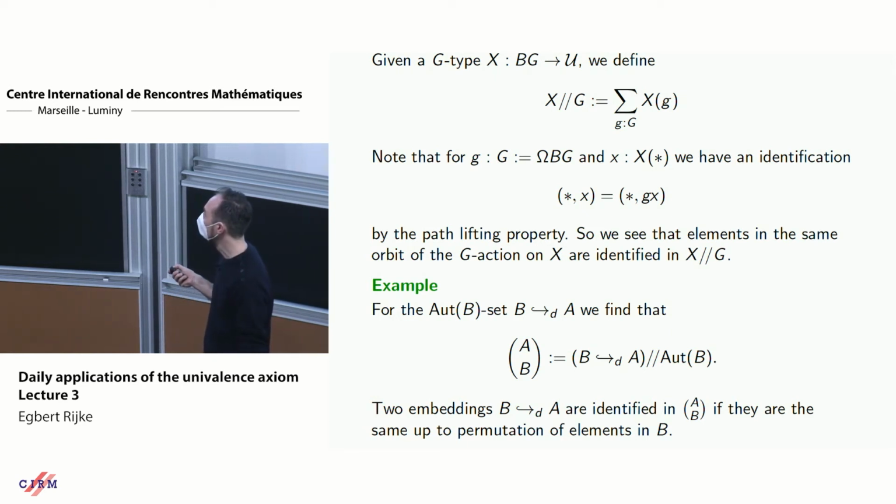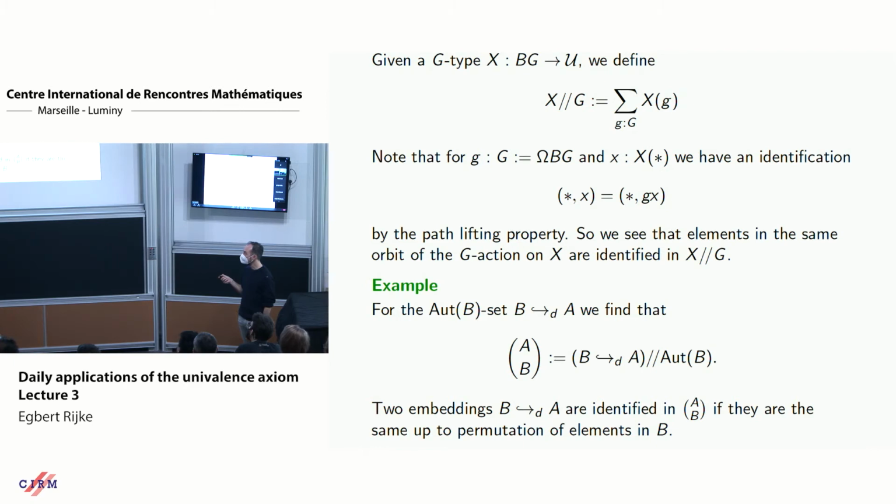So in our example from yesterday, the decidable embeddings from B into A is a type being acted on. And if we take the groupoid quotient modulo the automorphisms of B, then we get exactly the binomial type.